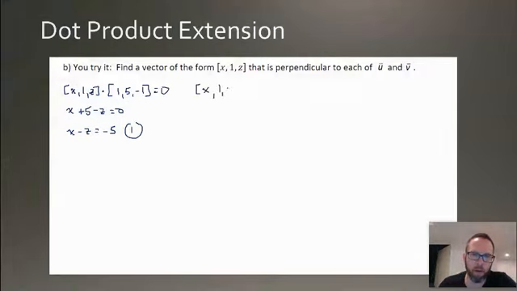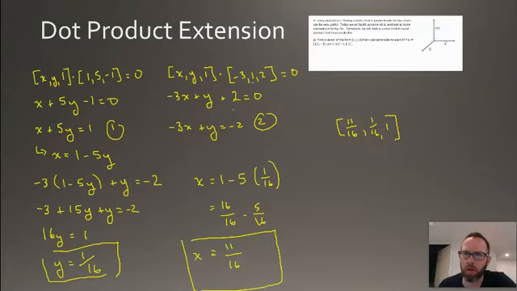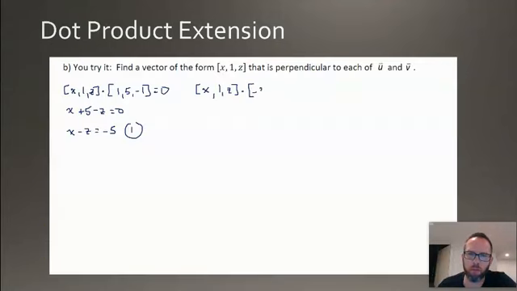Also, x, 1, z dotted with our second vector, which was negative 3, 1, 2, has to be 0. So negative 3x plus 1 plus 2z equals 0, or negative 3x plus 2z equals negative 1.